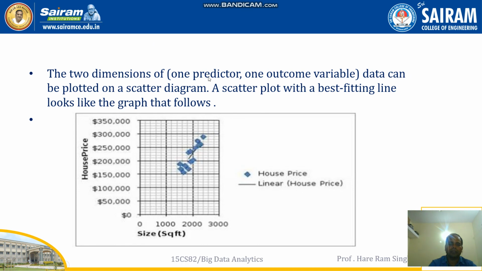The two-dimensional data of one predictor and one outcome variable can be plotted on a scatter diagram. A scatter plot with a best fitting line looks like the given graph. For houses from 0 to 3000 square feet, the house price is plotted in the diagram. So what we got is a linear relationship.